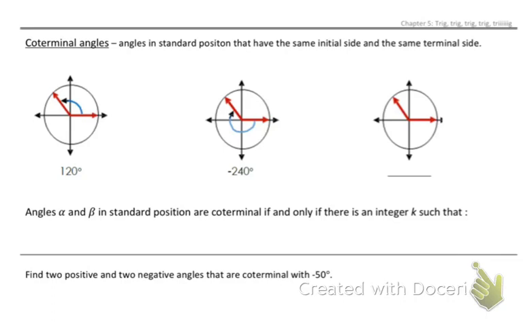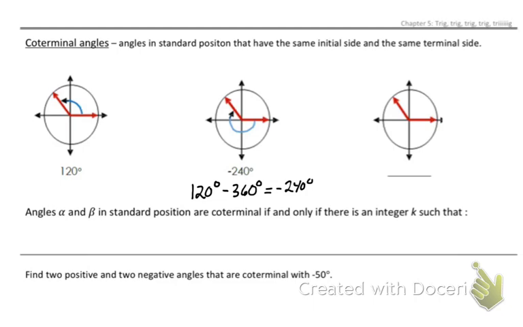This one's coterminal. So what that means is if I do 120 minus 360, because one revolution less, that just happens to equal negative 240. So that's me going backwards once, and I get back to this angle. If I start here and go backwards once, I get this angle.